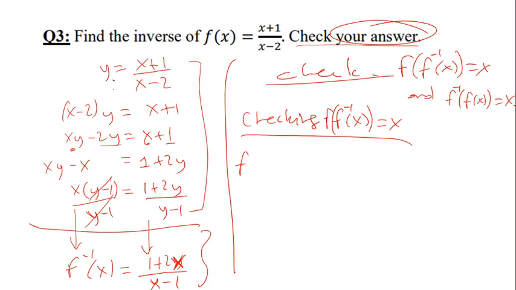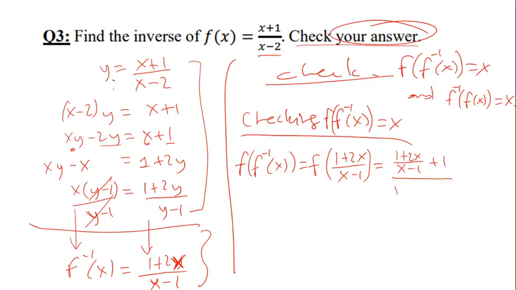Now we write f of f inverse, which is 1 plus 2x divided by x minus 1. And it will be, okay, then we can put 1 plus 2x divided by, okay, now I will combine these two.